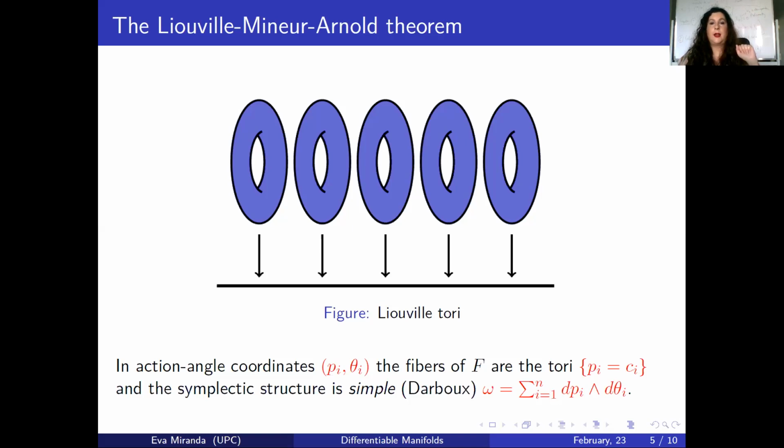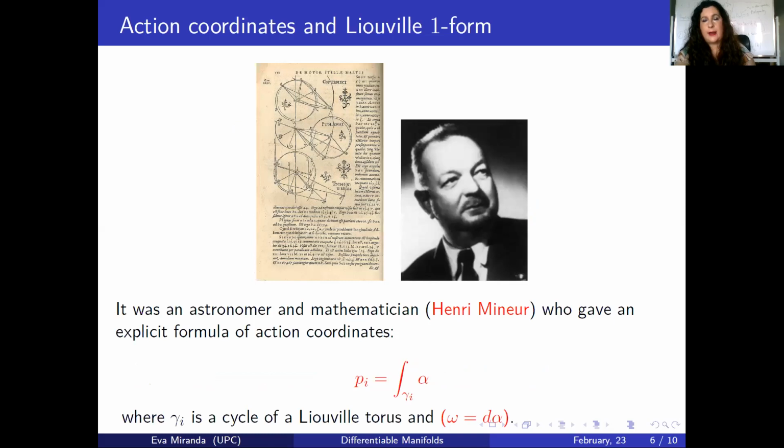And the tori are defined by p_i equal to constant. Okay. And the symplectic form is simple in the sense that it's a Darboux symplectic form. All right. So that's a nice picture of what I want to say. And this slide is the summary of Arnold-Liouville theorem.